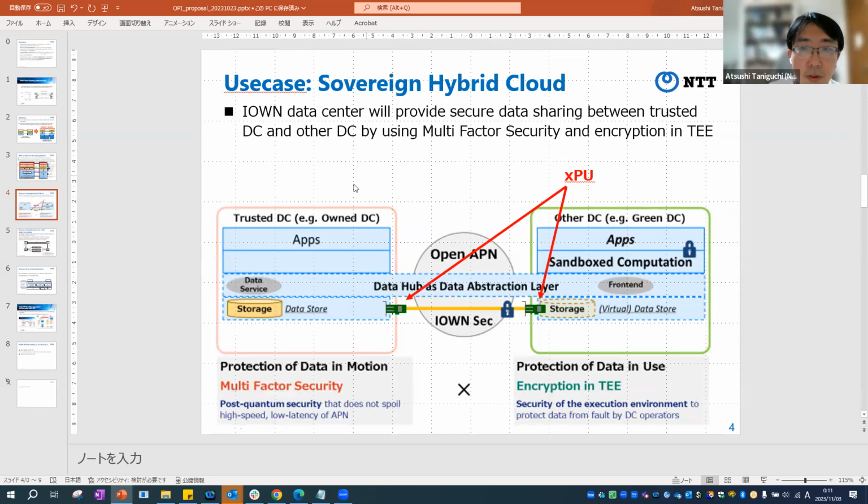If we have two data centers, we combine them using an all-photonic network, and by using the XPU we can share traffic, data and applications. To secure the data, we would like to use multi-factor security in the XPU. This is one example.